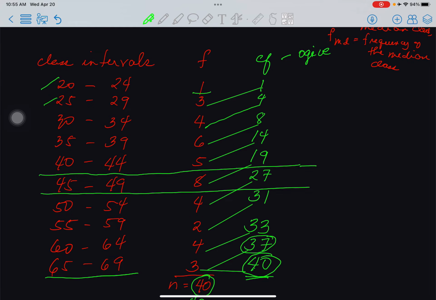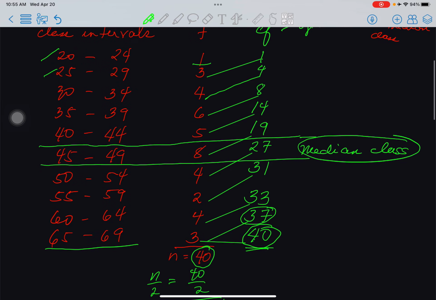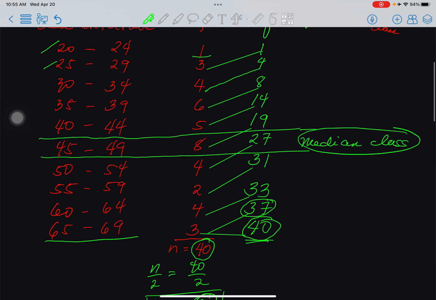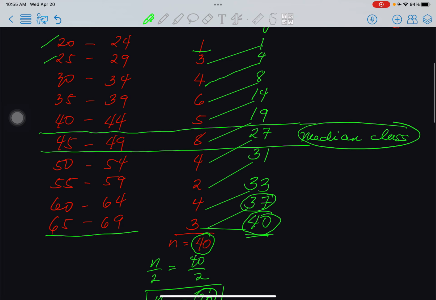This is your median class. How did I get your median class? I got this median class from our n over 2, which is equal to 20.